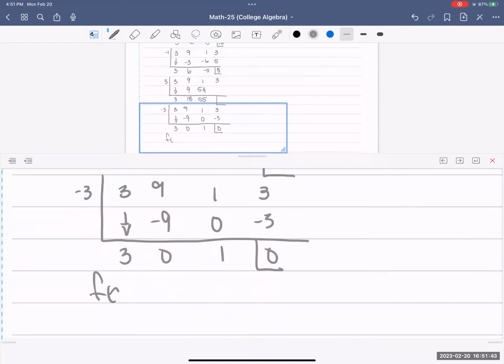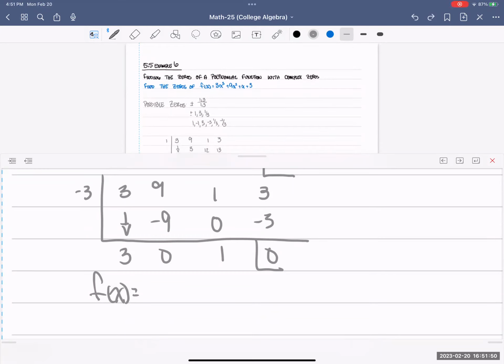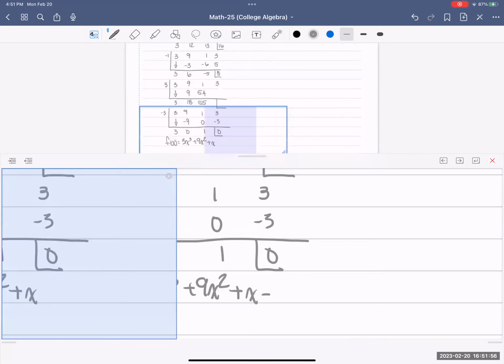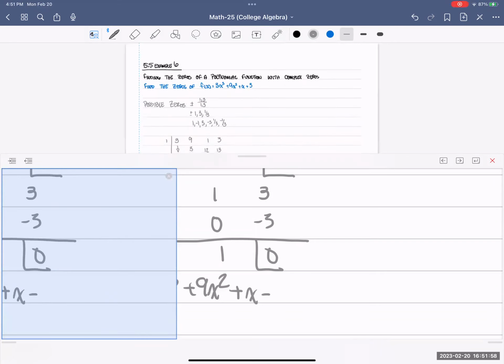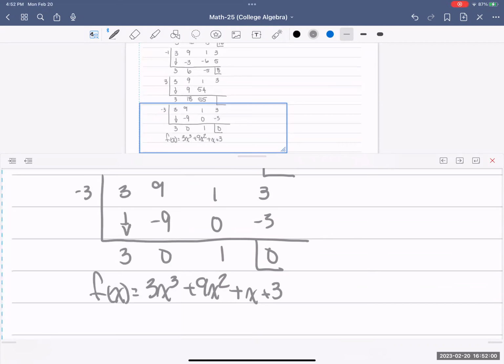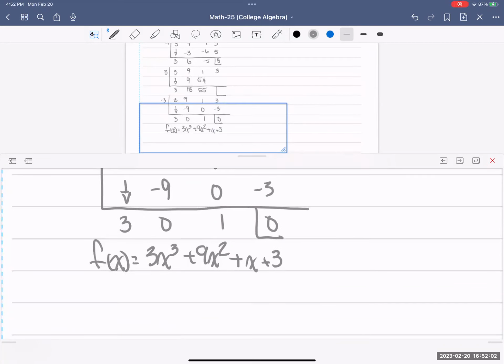Okay, so we have f of x originally was 3x cubed plus 9x squared plus x plus 3. We factored out x equals -3, so we factored out an x plus 3.